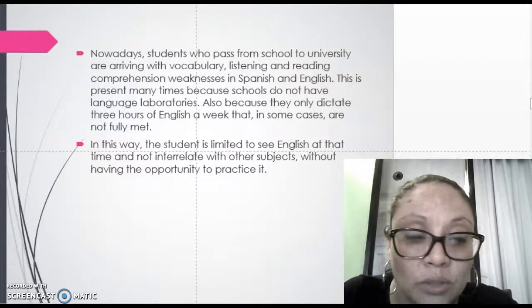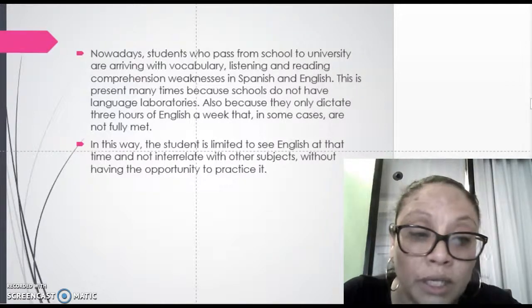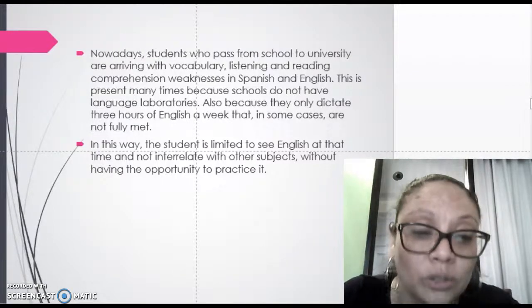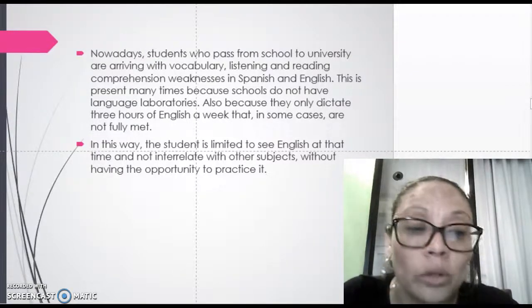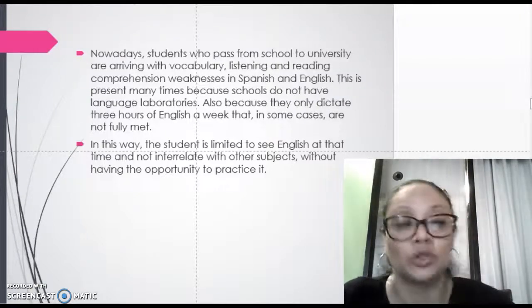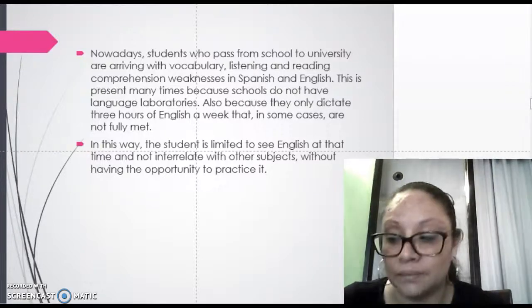In this way, the student is limited to seeing English at that time as hard and does not interrelate it with other subjects, without having the opportunity to practice it.